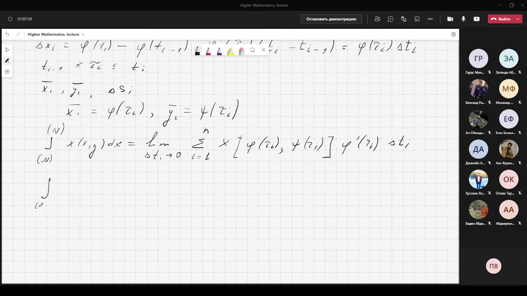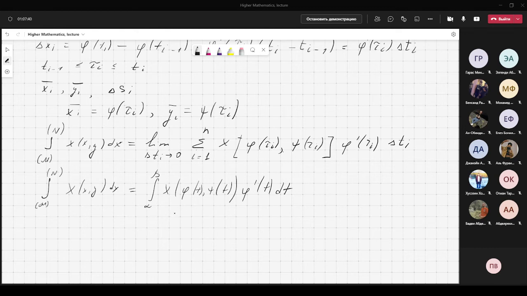The integral from M to N of x(x,y) dx equals the integral from alpha to beta of x of phi of t, psi of t times phi prime of t dt.